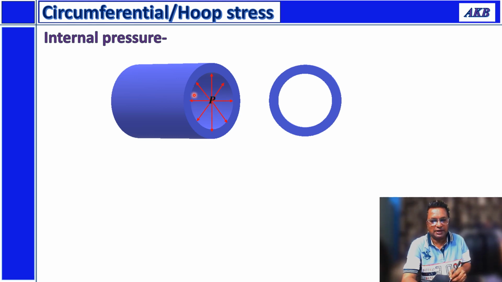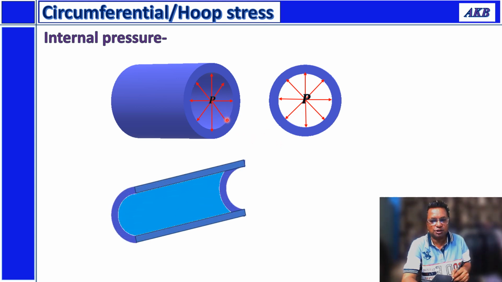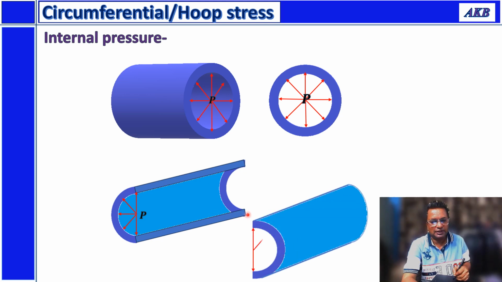So if pressure P is acting on the wall of the cylinder in this way, that is the pressure we are considering, pressure acting in radial direction. So what is going to happen? Under the action of this pressure, the cylinder is going to get ruptured in two parts, like this.